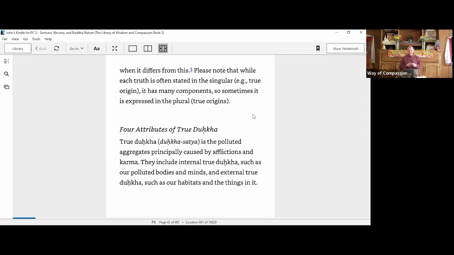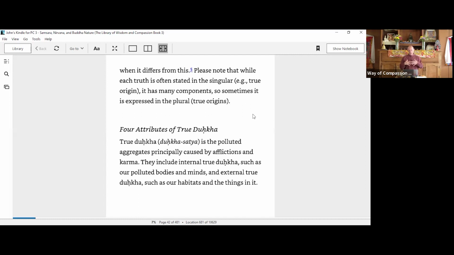Okay, well, we're going to unpack it a little bit and see what His Holiness the 14th Dalai Lama and Venerable Thubten Chodron have to share here. So true dukkha is the polluted aggregates, the five aggregates we've talked about that essentially constitute how we see ourselves, the form and the sensations and so forth.